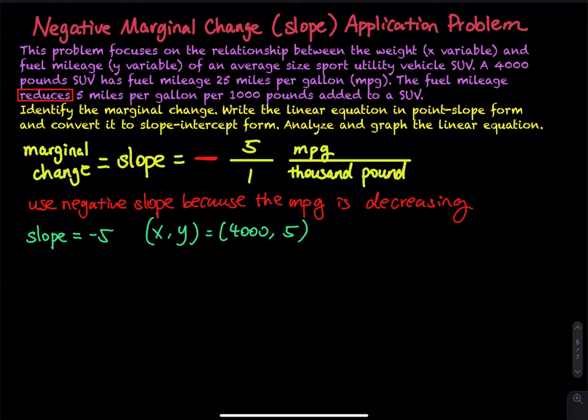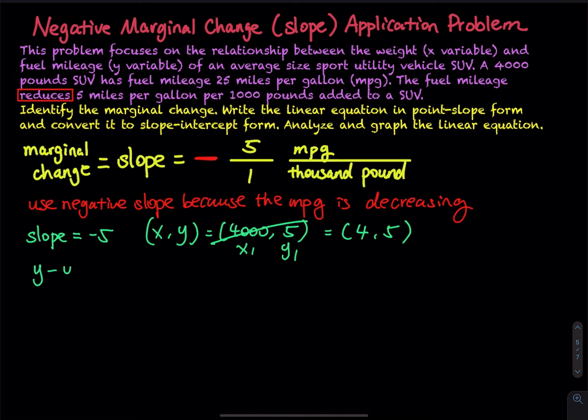So we call this x1 and then y1. Since the x is in 1,000, we can just convert this to 4, 5. Just keep in mind that the 4 is in 1,000. So if you write 6, that means 6,000 pounds. Now we got the slope, we got the point. Now we are ready to build the point-slope form.